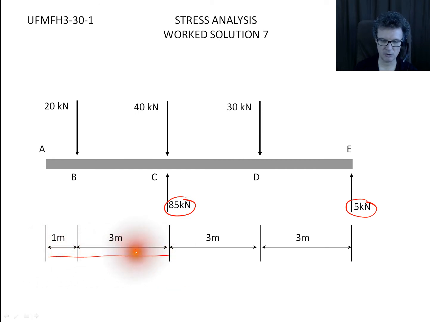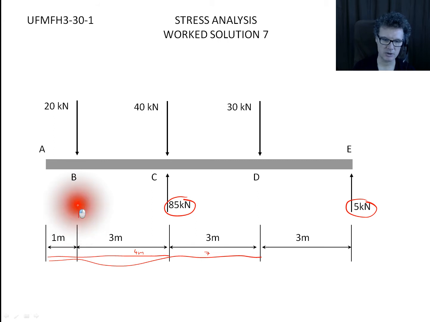So that's 4 meters to go from there to there, and that's going to be 7 meters from there to there. What I'm interested in is looking at these positions when I hit them. So I'm going to hit that at 1 meter, that at 4 meters, and that at 7 meters. I'm going to use that information later. So let's crack on.